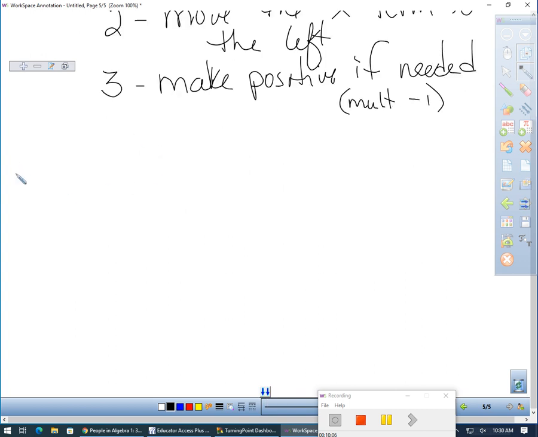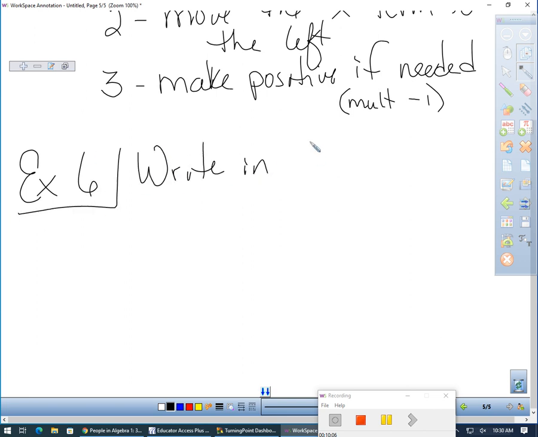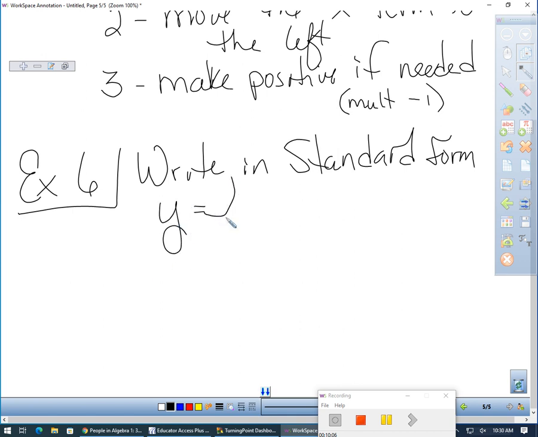So for example, what example am I on? 6? Yeah, example 6. In standard form. And let's go with y equals, how about, let's start with negative 1 over 3x plus 2.